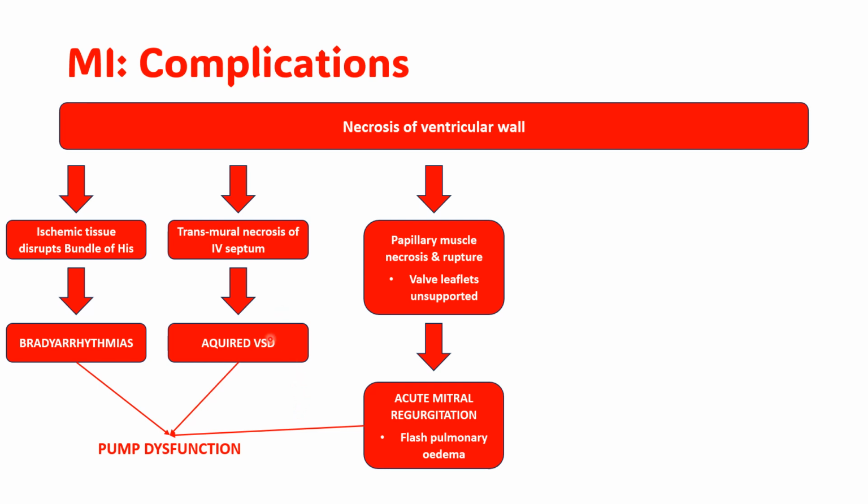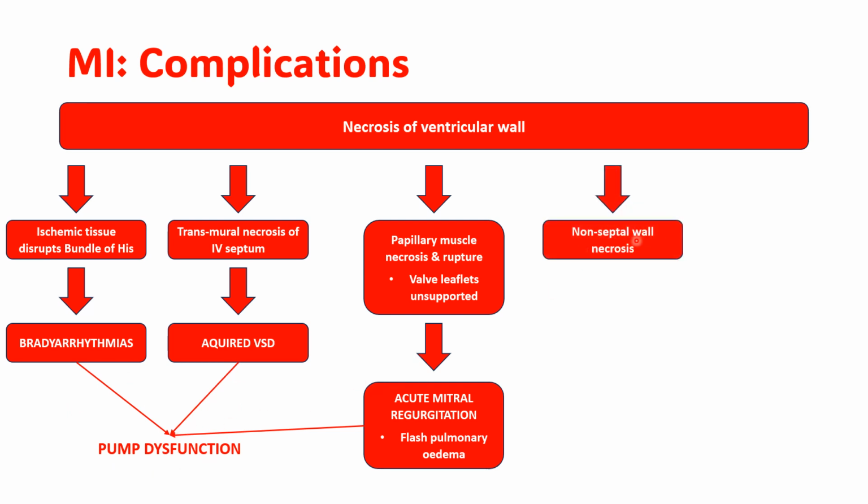And if you remember from the previous slide, pump dysfunction can lead to cardiogenic shock and/or congestive heart failure. Cardiogenic shock leads to systemic organ dysfunction because the organs aren't being perfused, and congestive heart failure leads to atrial fibrillation. Okay, so this is how it all ties in.